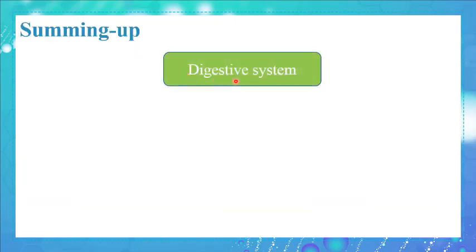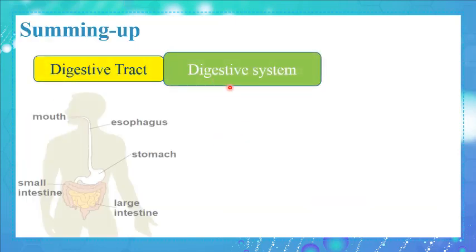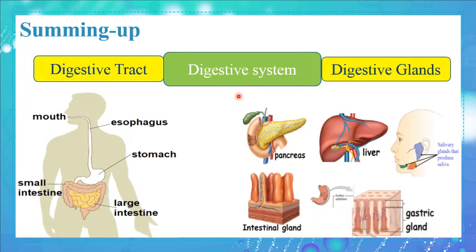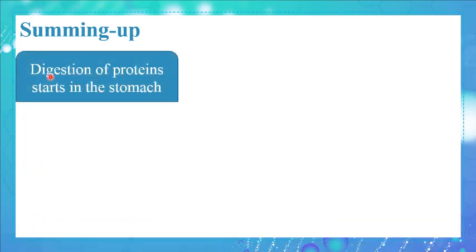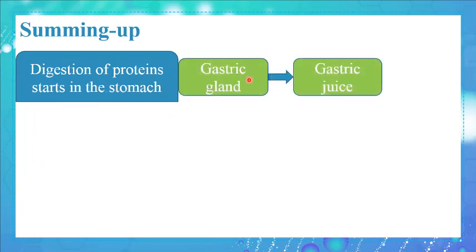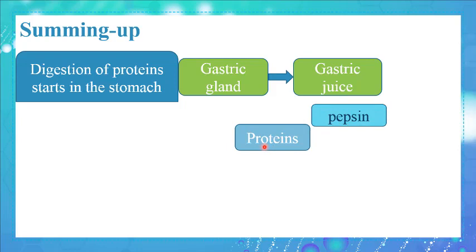Summing up, the digestive system is made up of the digestive tract and the digestive glands. The digestion of proteins starts in the stomach, where the gastric gland produces the gastric juice. The gastric juice contains the pepsin enzyme. The pepsin enzyme transforms the proteins into peptides.